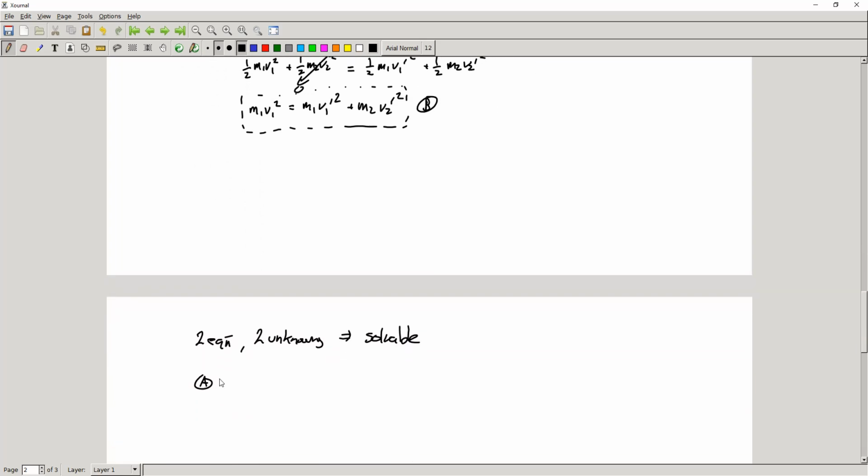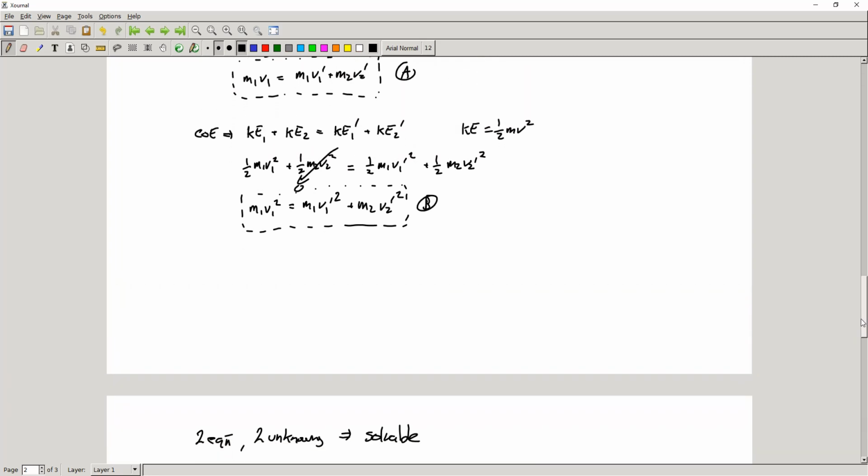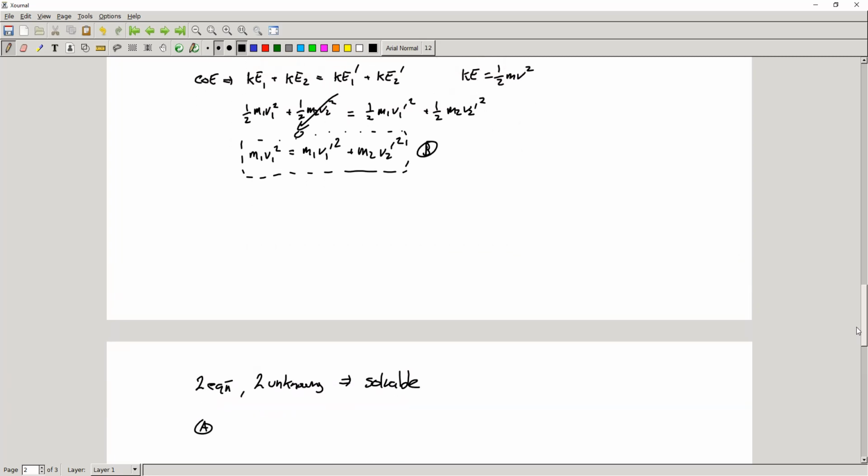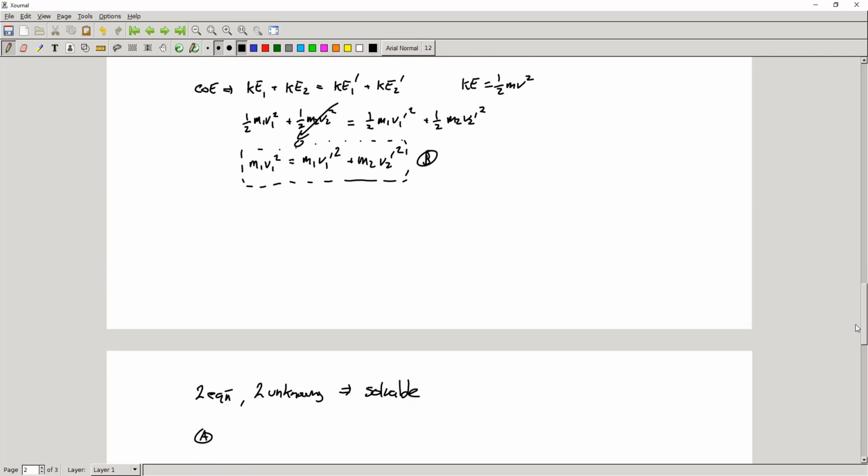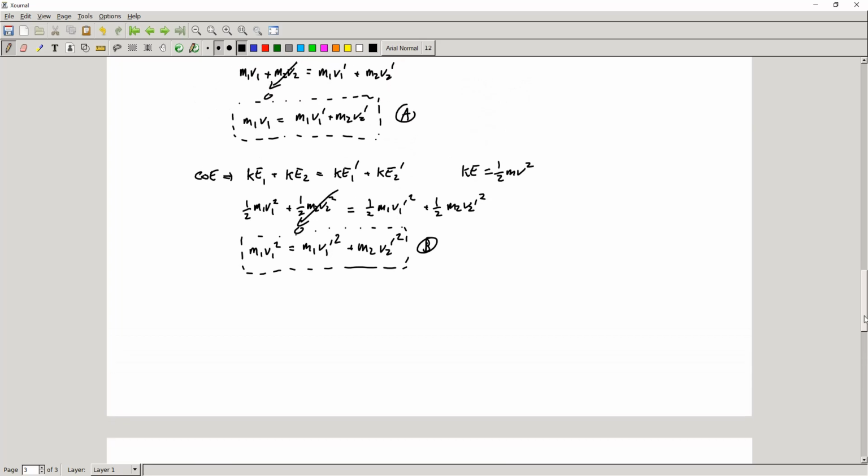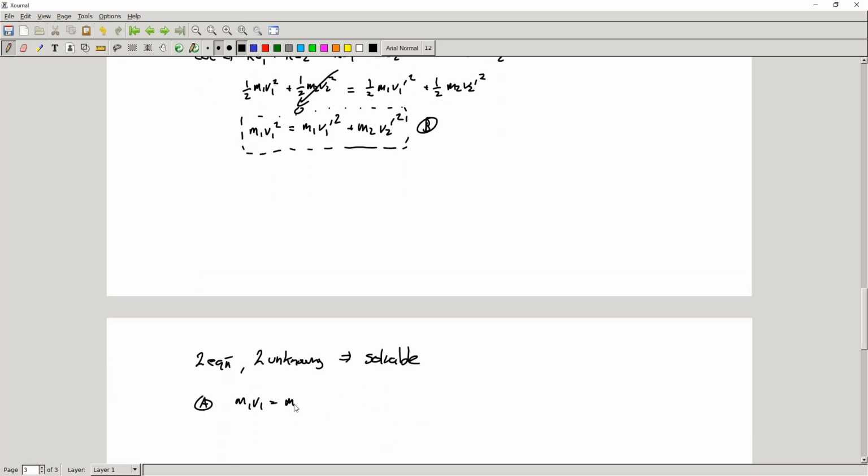Can't quite get both of them on the page here, so let me write it like this: m1 v1 equals m1 v1 prime plus m2 v2 prime. Okay, so let's shuffle over the m1 v1 prime from the right to the left here, and let's factor out an m1. So we're going to end up with m2 v2 prime equals m1 times (v1 minus v1 prime).